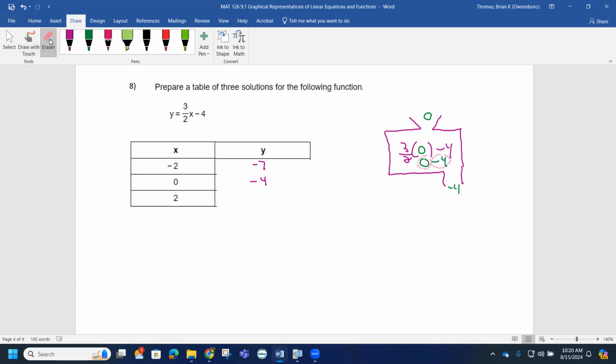And then similarly, I can substitute the 2 in. So if I put a 2 in, notice how the 2's will go into each other. 2 goes into 2 one time. So this is 3 times 1, which is 3.